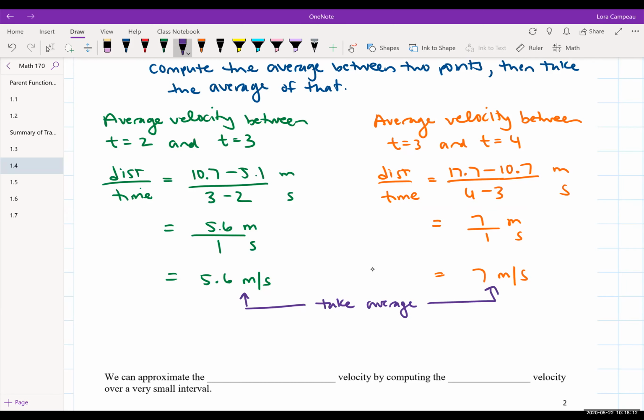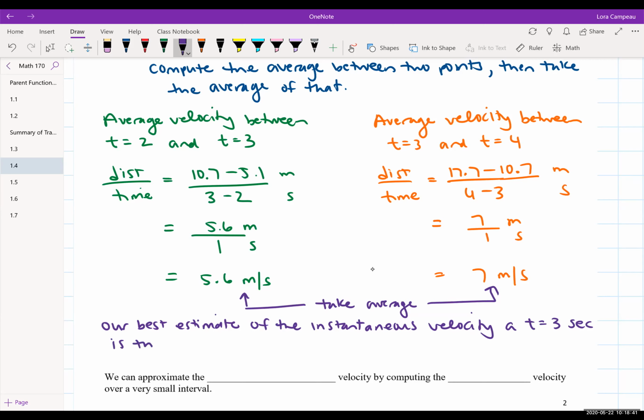And so our best estimate, and again, we're estimating, of the instantaneous velocity at time equals 3 seconds is actually the average of the two velocities we computed.